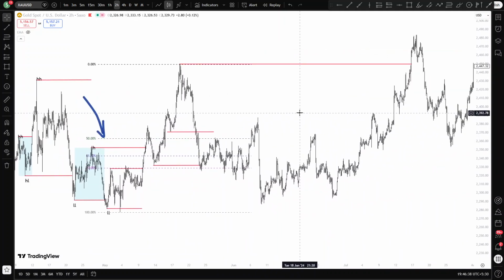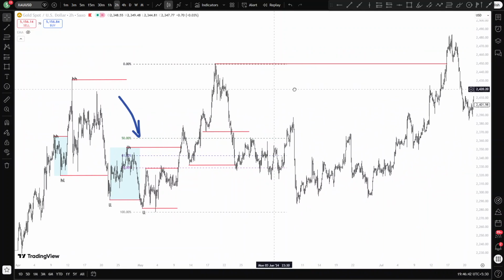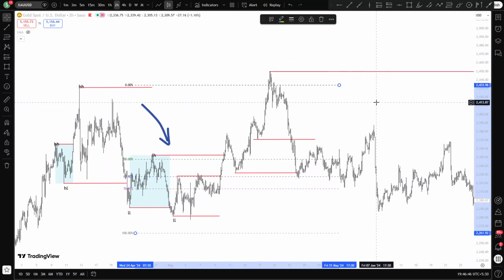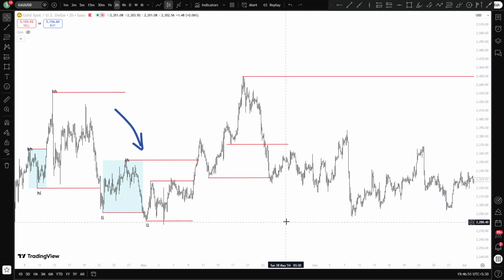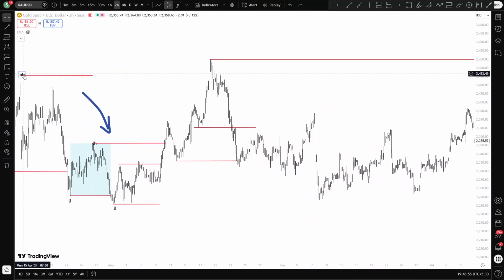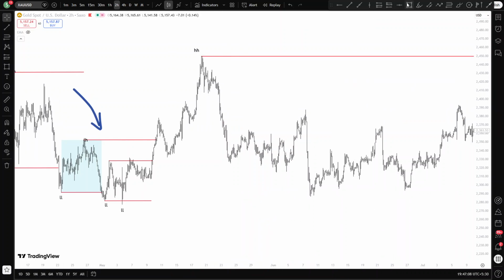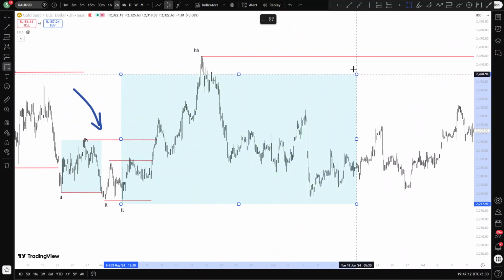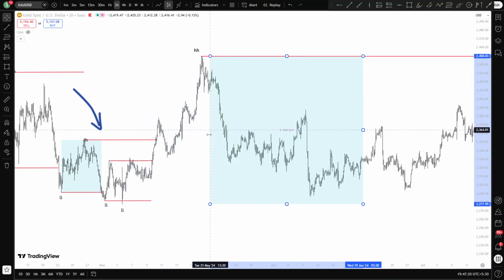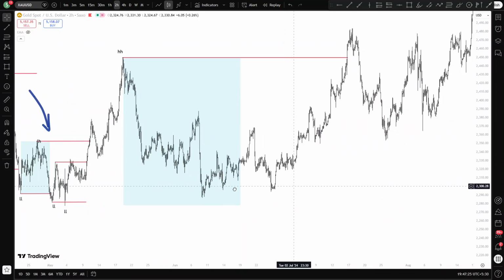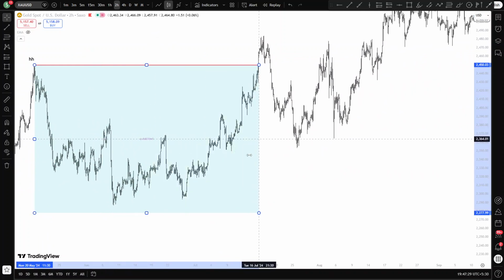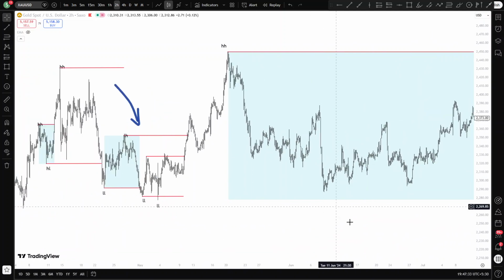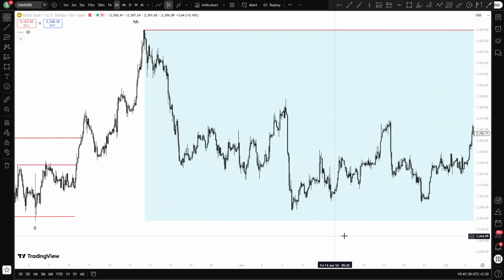So what I understand right now is very simple: with the way the market has moved to this point, whatever is going to be happening in between this higher high and this lower low right here is going to be considered as internal structure. Everything inside here is going to be considered as internal structure.